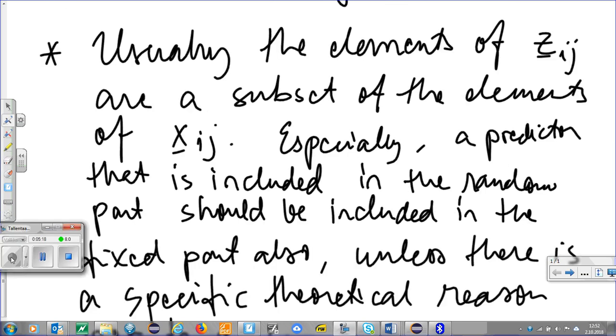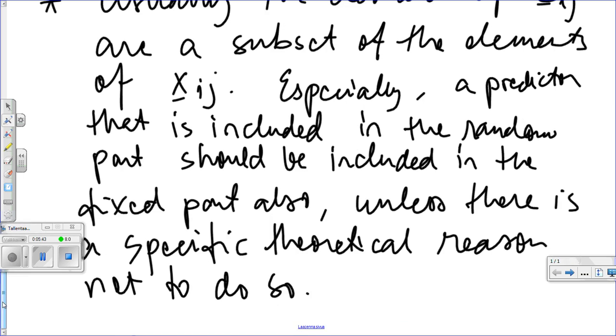Usually the elements of the Zij vector, so the predictors of the random part, are a subset of the elements of Xij, that is, a subset of the predictors of the fixed part. Especially, a predictor that is included in the random part should be included in the fixed part also, unless there is a specific theoretical reason to drop that predictor from the fixed part. But that is very seldom the case.